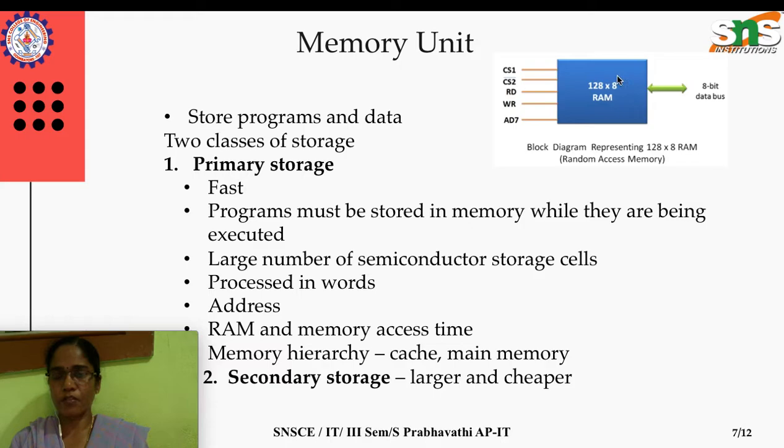The data stored in the memory can be transferred to the processor for processing via the data bus. Some other chip select signals are there, and whether we are using the memory for reading or writing, the respective control signal must be enabled by means of the read and write signals. So this is a block diagram for a 128 by 8 RAM. RAM is the primary memory.